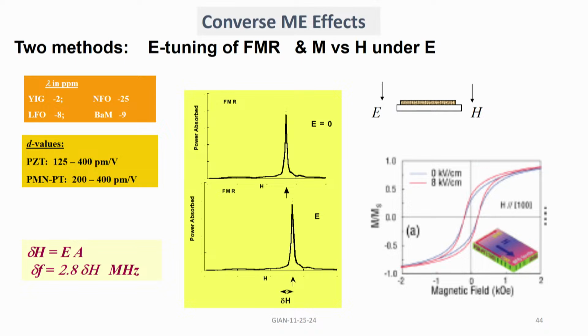So what is ferromagnetic resonance? Now, if there is a ferromagnet, you apply a static magnetic field, the magnetization will precess around the applied magnetic field. It's called Larmor precession. It has a finite frequency. Okay.